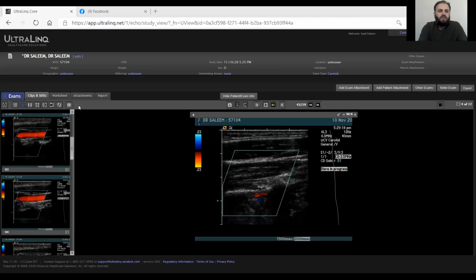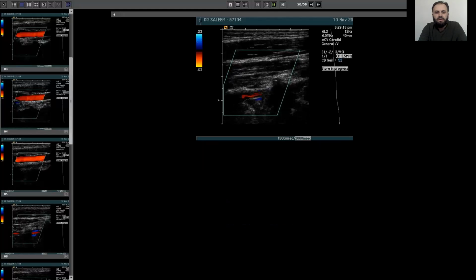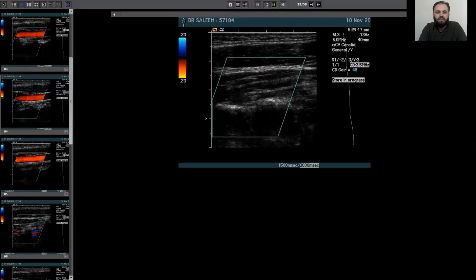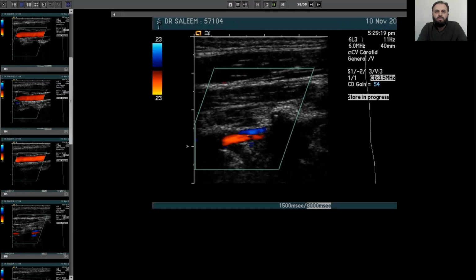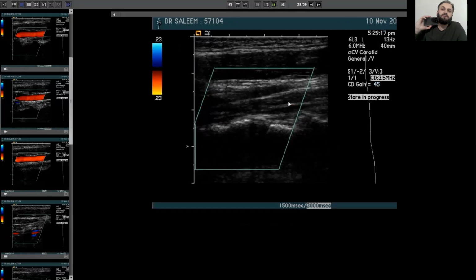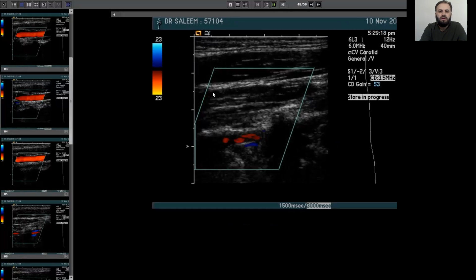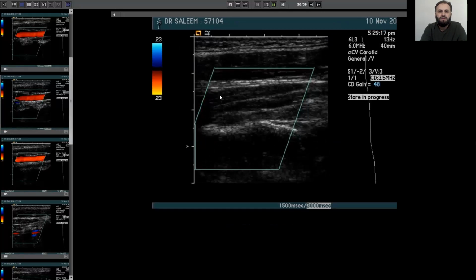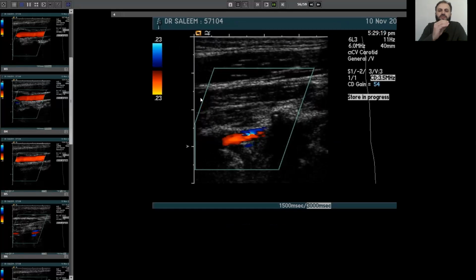So if we look at this video, it's a very small clip, but let me see if I can make it a little bigger. If we put our transducer at the distal portion of the CCA, where you can see this bulbous area, we're not changing anything except the sound beam.